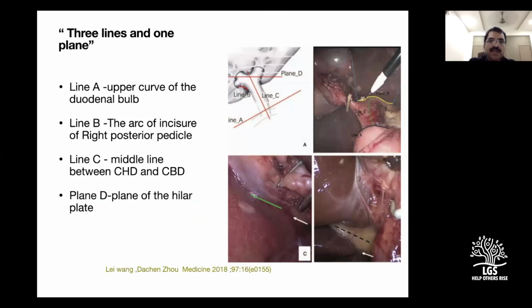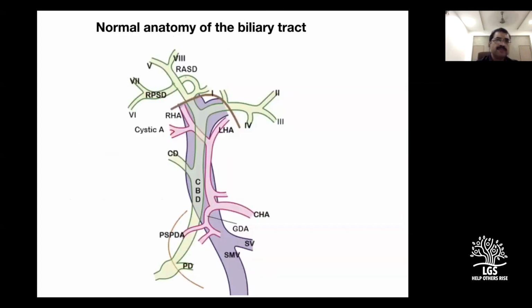Then line B represents the arc of incisure of the right posterior pedicle, and line C is the middle line between the common hepatic duct and common bile duct. Always keep dissection just to the right of line C, so as to avoid injury to the adjacent hepatic artery. And plane D is the plane of the liver hilum, or the hilar plate.